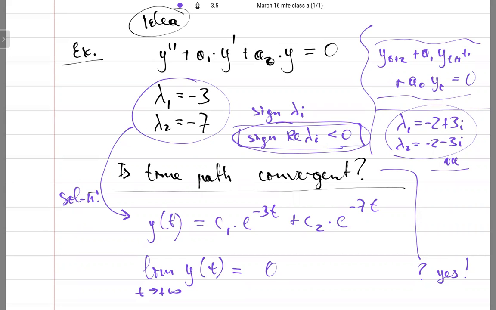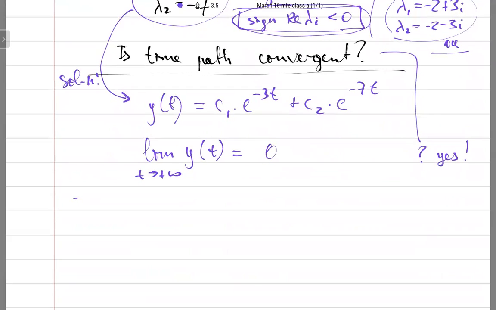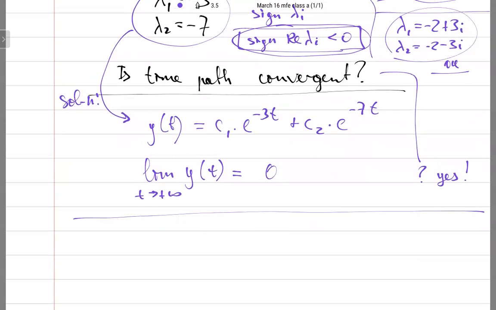And now let's go back to Viet theorem. Who remembers Viet theorem? If you have an equation like that, what does Viet theorem say? Who remembers Viet theorem? Well, the sum of roots must be minus a1, okay?